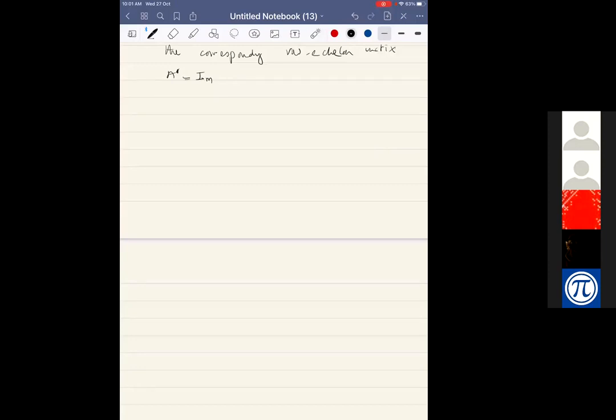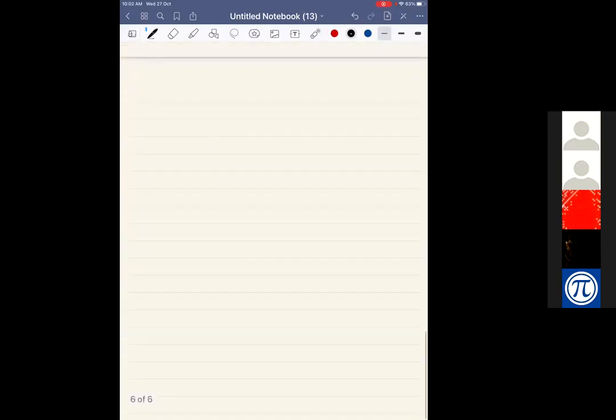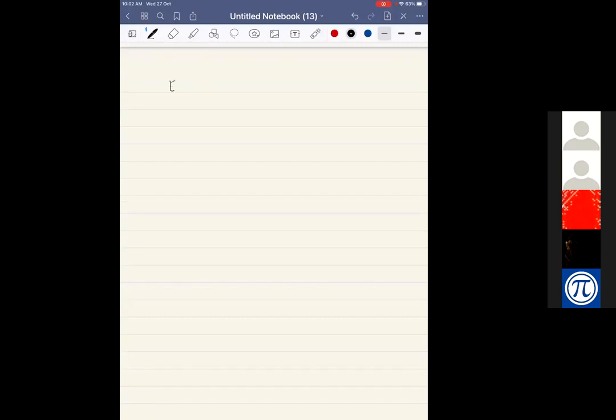So let me give a simple example of a matrix that we can practice on, and then I will leave you with that. Example of A going to A prime. Let me take simple examples that we can actually do within a reasonable time.